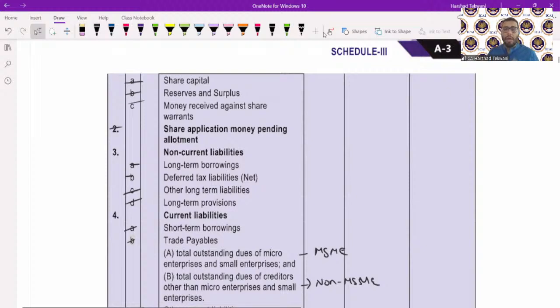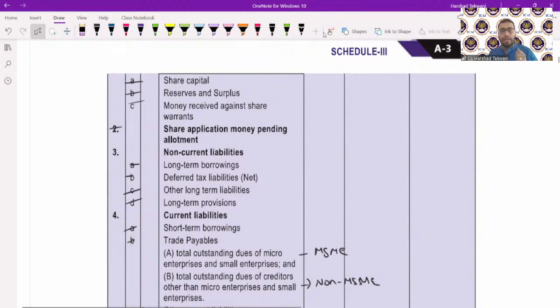But the only way to enhance your understanding is by asking questions and reading thoroughly what is given, and understanding the logic of why it is so, why long-term borrowing is given first, why short-term borrowings or current liabilities are given subsequently. Understand the logic of each and every item, why it is required to be disclosed.